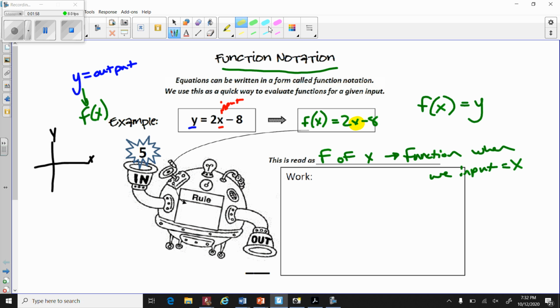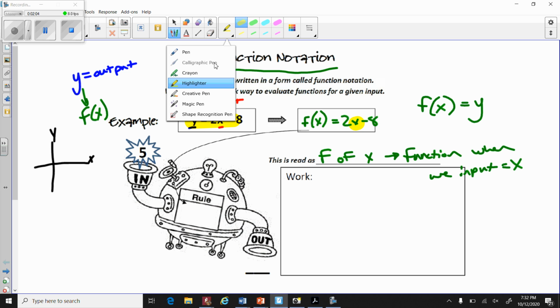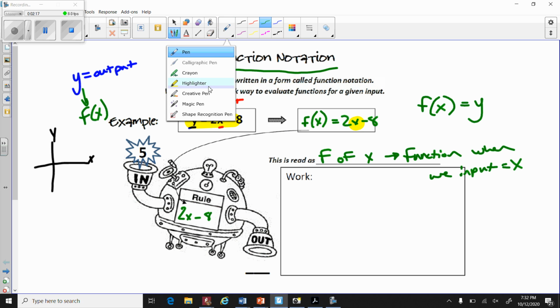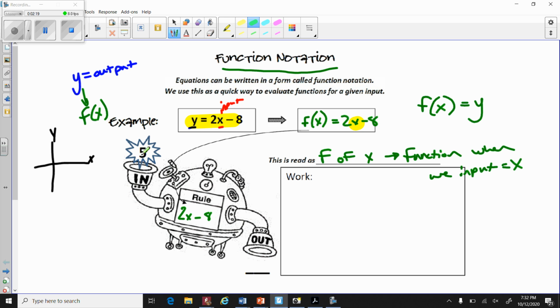And so in this case, if we look at the machine, the function itself, that equation is the machine. The rule that it gave us was 2x minus 8. And so in this machine, we want to plug in, it tells us here to plug in a 5.